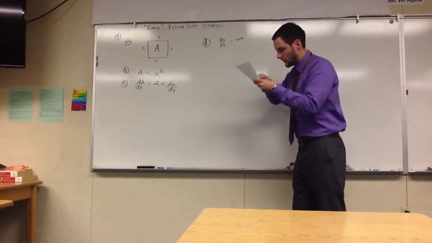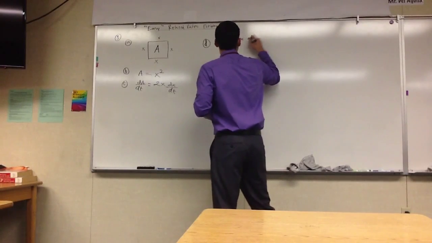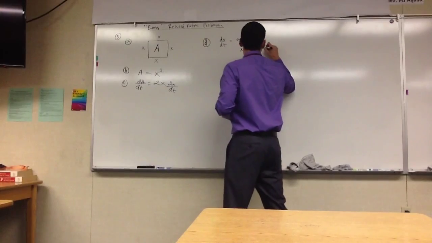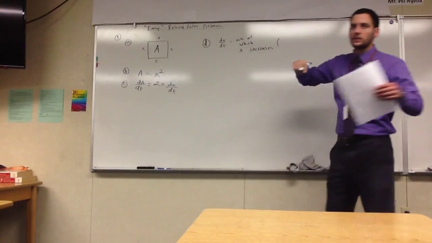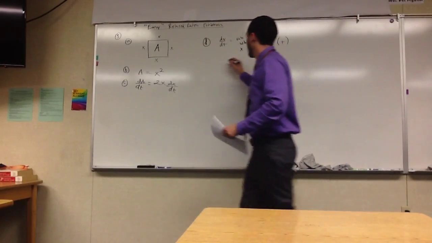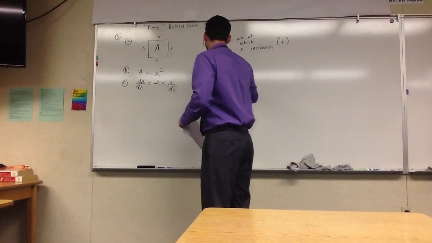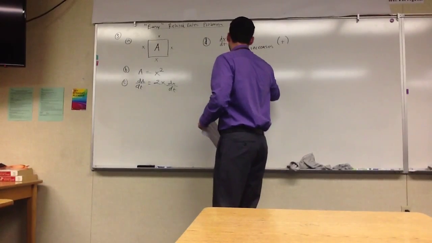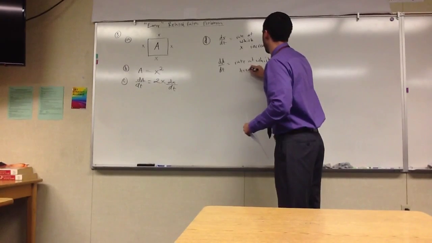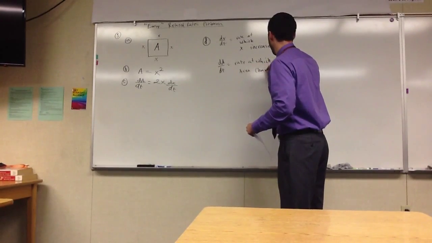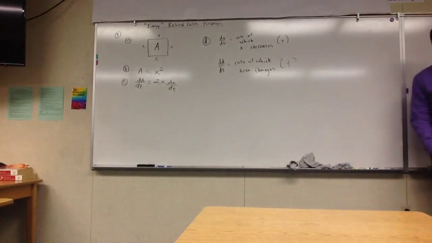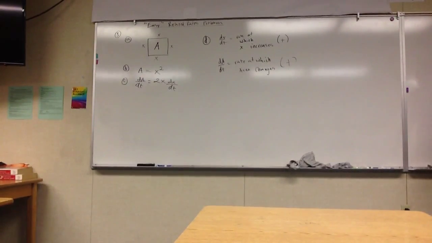We know it's growing because it says it's increasing. Since it's increasing, it's going to be positive. And dA/dt is the rate at which the area changes. And this is also going to be positive because the sides are getting bigger and bigger, so the area is getting bigger and bigger.